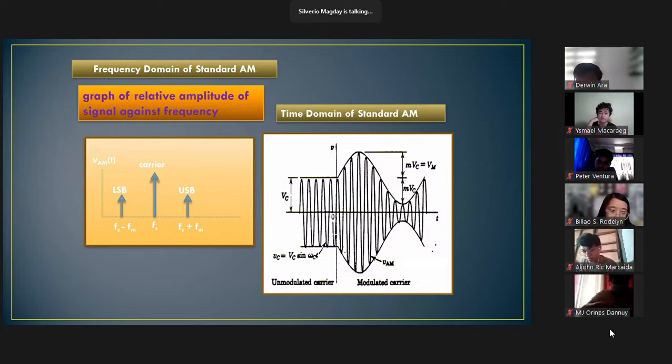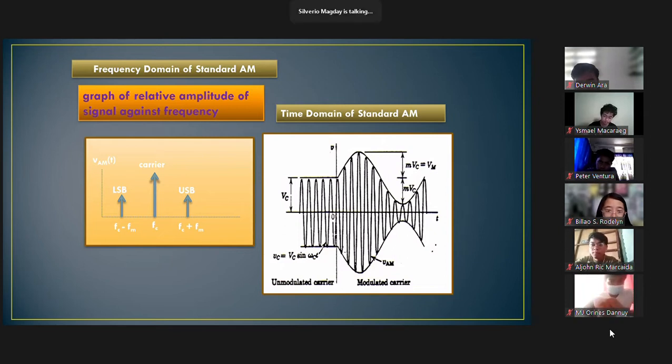Ayun siya, we try to consider yung envelope. So with your modulation index, multiply your carrier voltage, that is what shifts your carrier, yung constitutes your modulating signal voltage, and then same dito yung sa pagbaba.